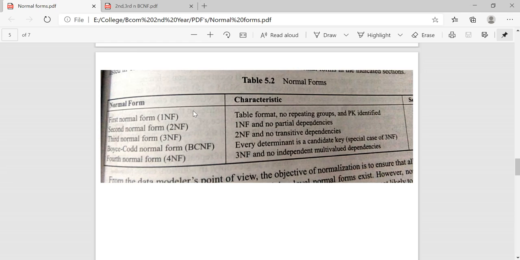In a single line, we can define the normal forms like this. First normal form: it should be in a table format, no repeating groups, the primary key should be identified, and the dependencies should also be identified. Next, second normal form: the table should be in first normal form and have no partial dependencies.